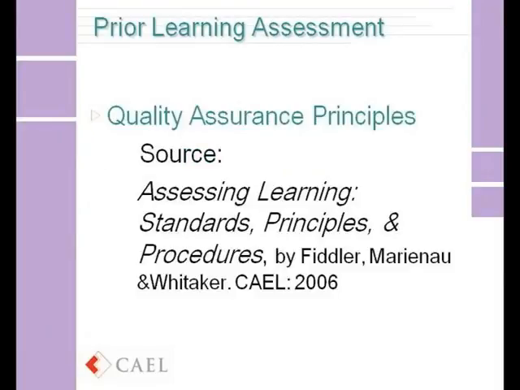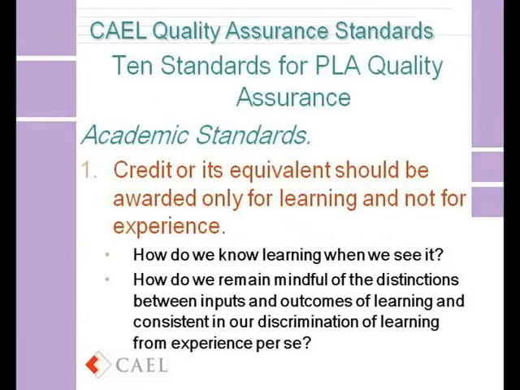The source for these standards is CALE's publication, Assessing Learning: Standards, Principles, and Procedures, which is in its 2nd edition, and that is available from CALE. You can find it listed on our website. The first 5 standards are academic standards. The second 5 are administrative standards.